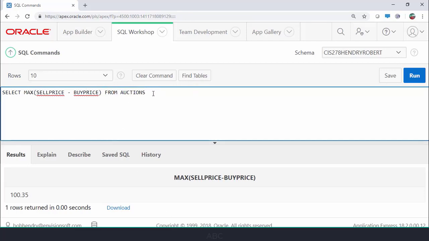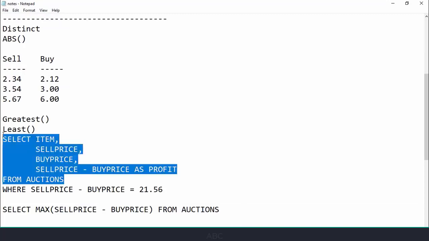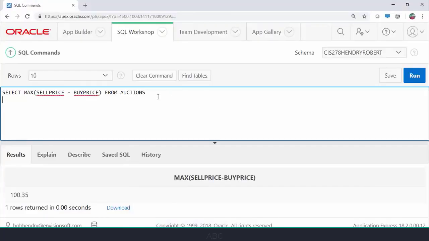All right, let's take this sub-select and put it aside. And let's look to see, just manually, what the biggest profit is. I think we might have missed it. Let's see.